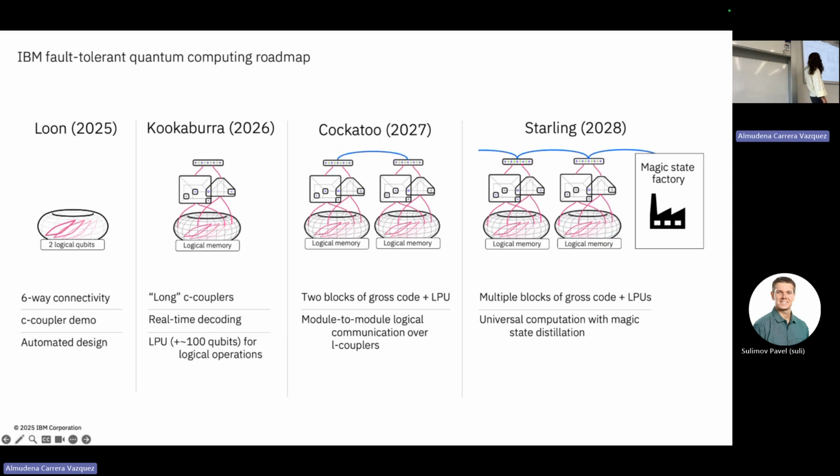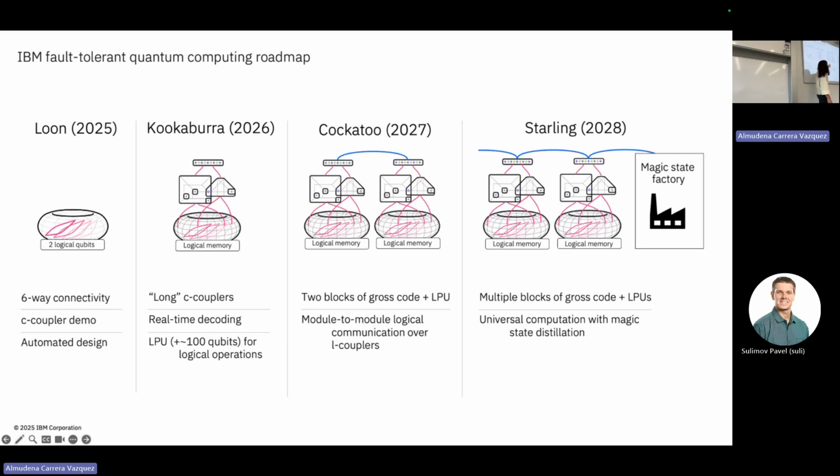Then in 2026, what they want to show is, I didn't touch too much on these, but this is basically what allows you to do computation as well. So it's not just the 12 logical qubits all-to-all, but if you want to apply operations, you need to do something else. So here, what they want to show is that you can do this something else.